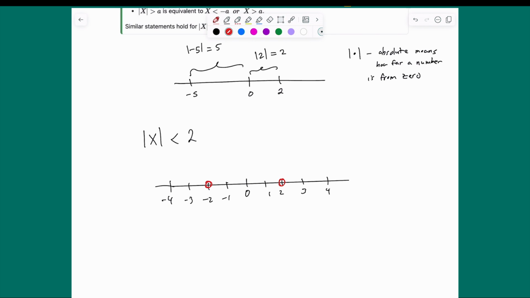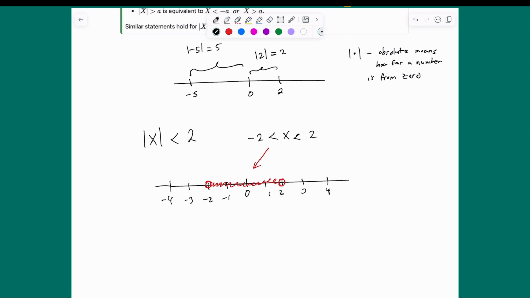However, any number that falls in between -2 and 2 also has an absolute value less than 2. And so, in other words, any x or expression has to satisfy that it is less than 2 and that it's greater than -2.